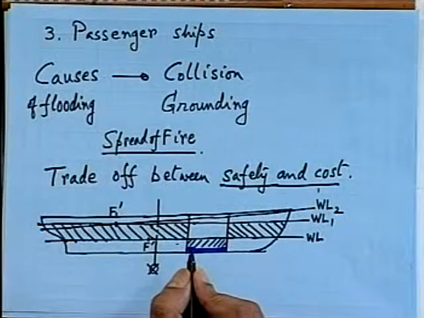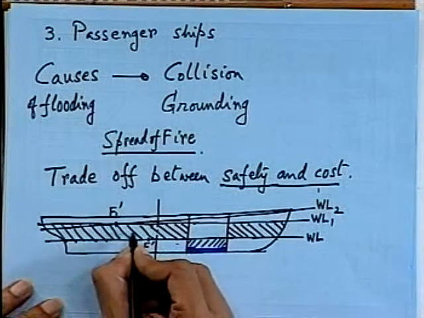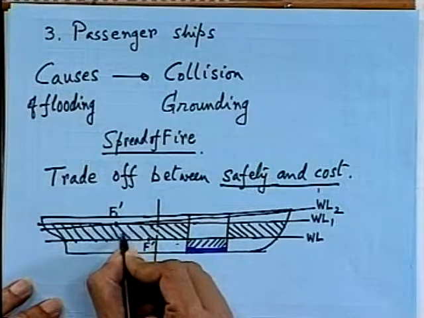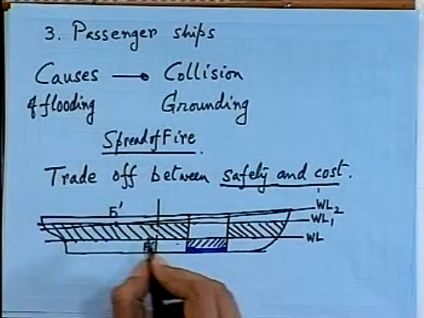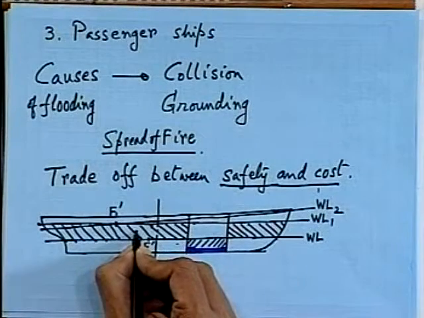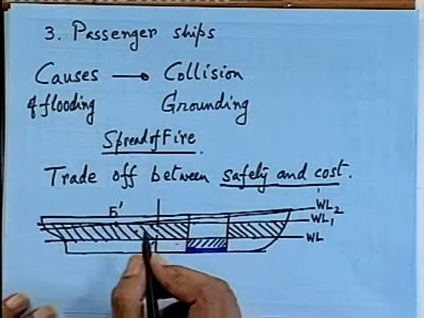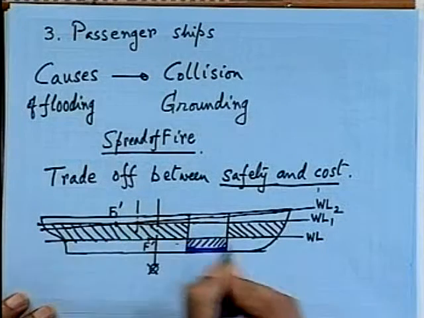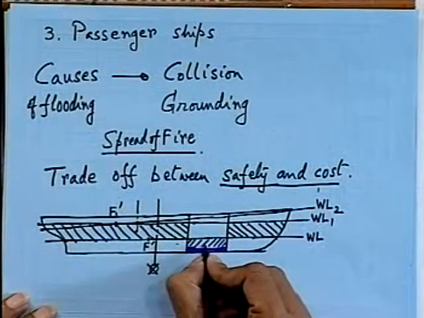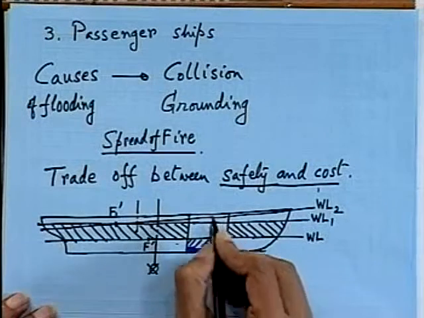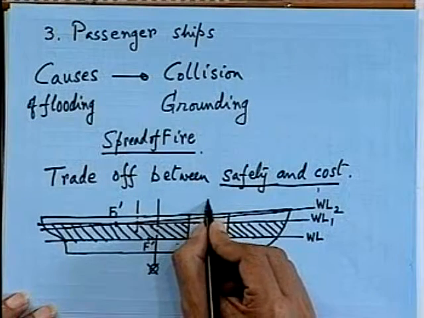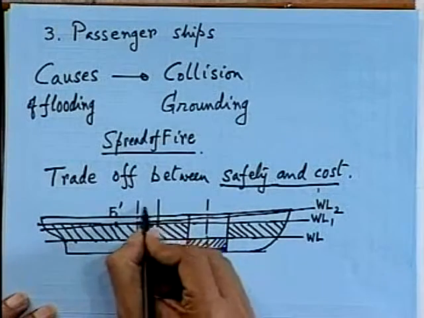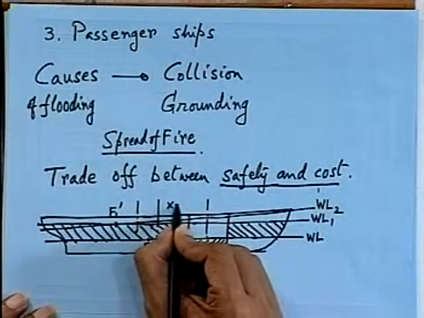Then your center of buoyancy will be located somewhere here, midway between F1 prime and F prime. And x is your moment lever, so that will be from the center of buoyancy of the lost volume to this region, so this will be your x.